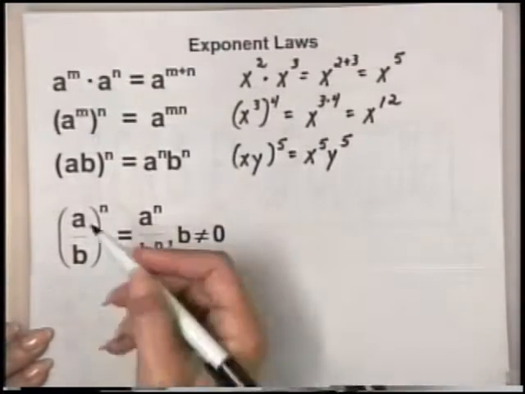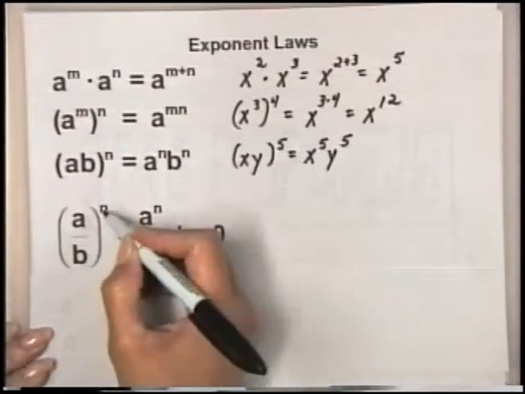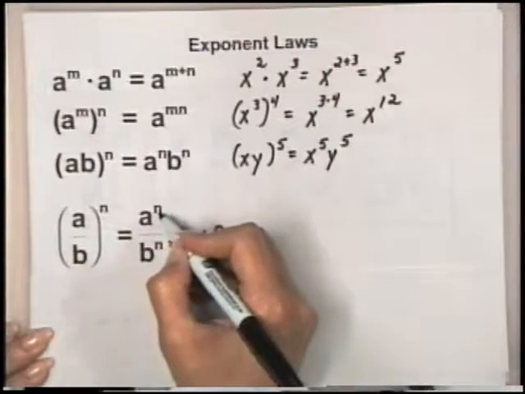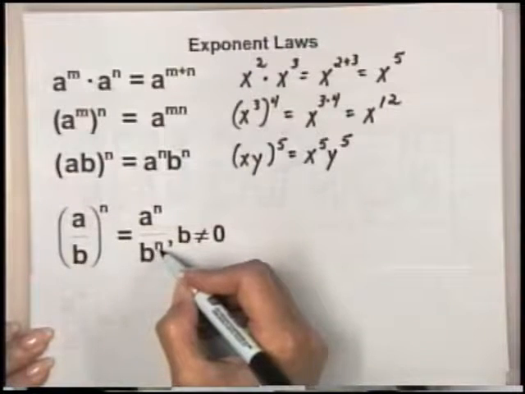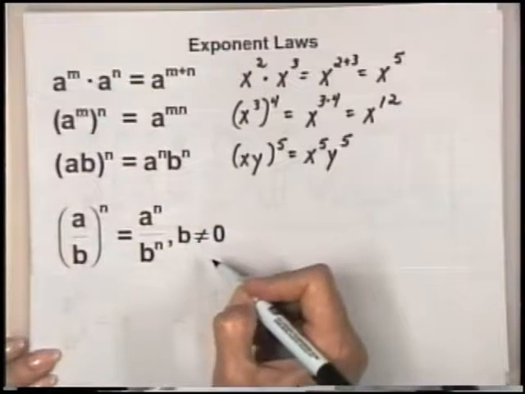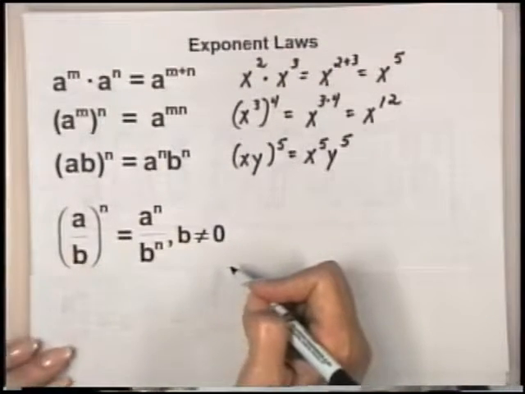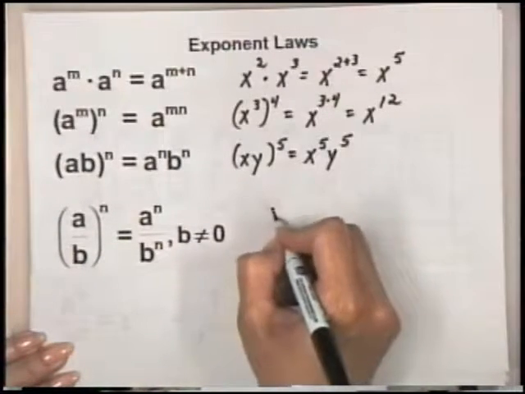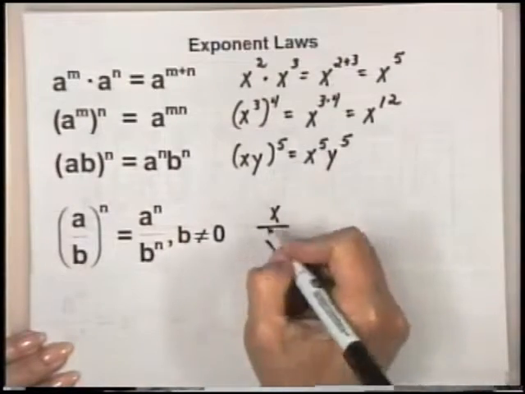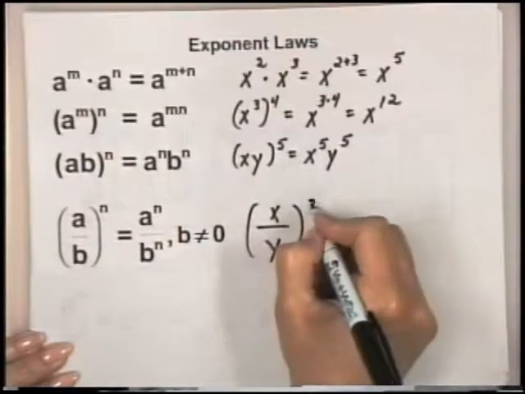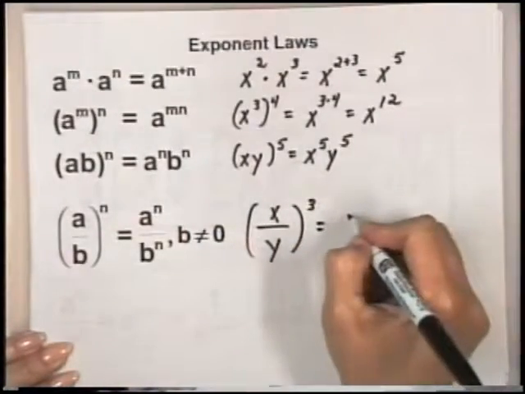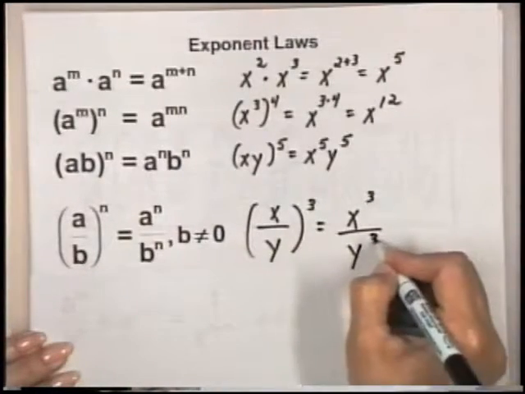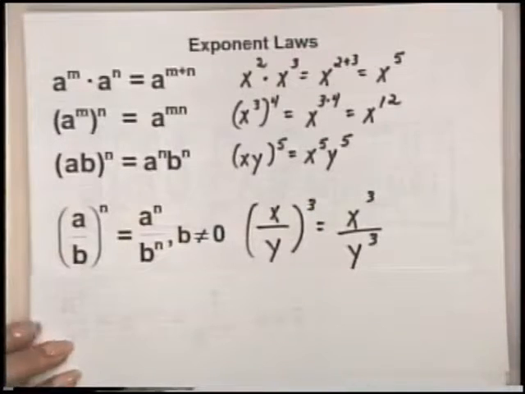Next, if I have a quotient a divided by b raised to the nth power, it is equal to a to the nth divided by b to the nth, and of course we know b does not equal 0 because division by 0 is not defined. As an example, if I have x divided by y to the 3rd power, then it is equal to x to the 3rd power divided by y to the 3rd power.